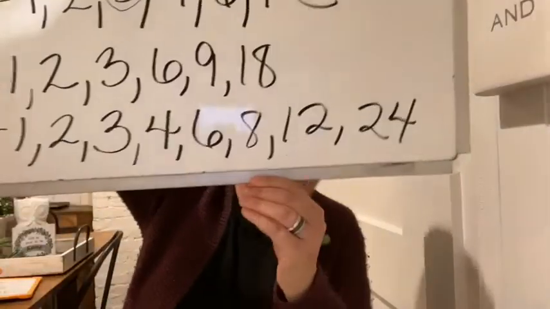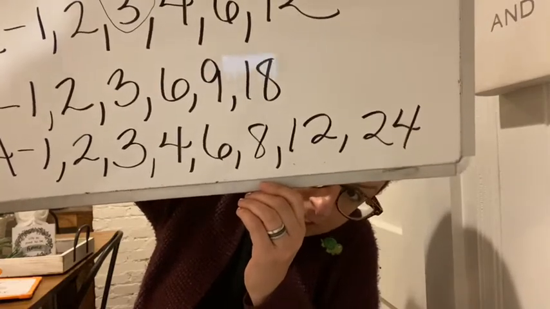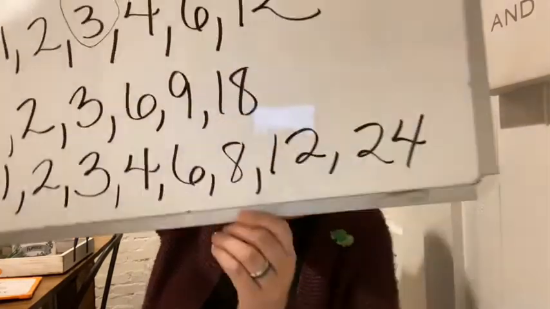Okay, so those are all the factors of 24. You have 1, 2, 3, 4, 6, 8, 12, and 24. Okay, so those are all the factors of 18 and 24.